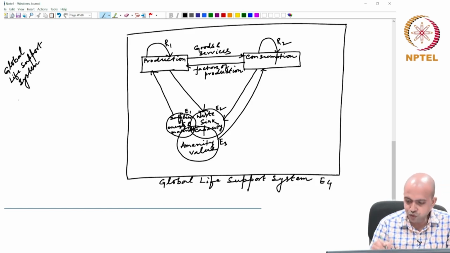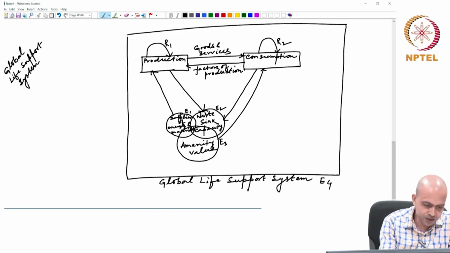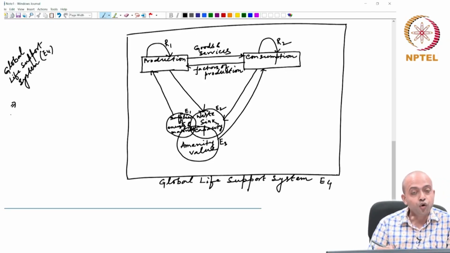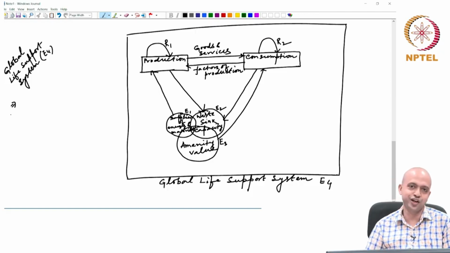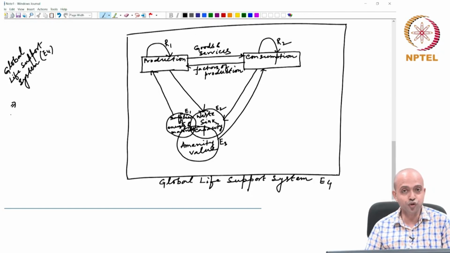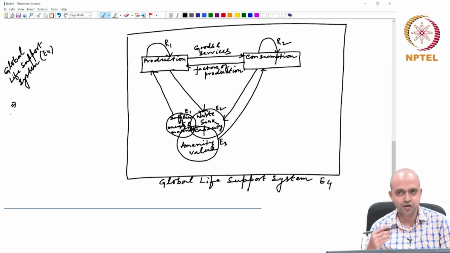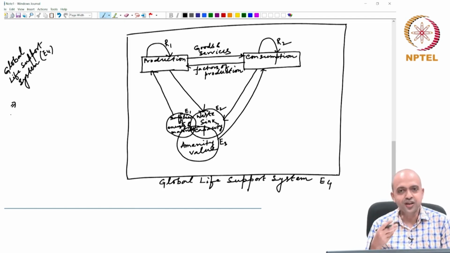So apart from E1, E2 and E3, what is this E4 then? This is also another important service that we derive from the environment. The environment also maintains the appropriate atmospheric composition and climatic condition. Atmospheric composition means that for our living, we need a proper combination of nitrogen, oxygen and carbon dioxide.